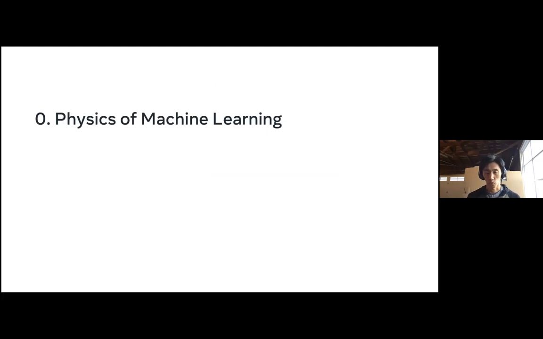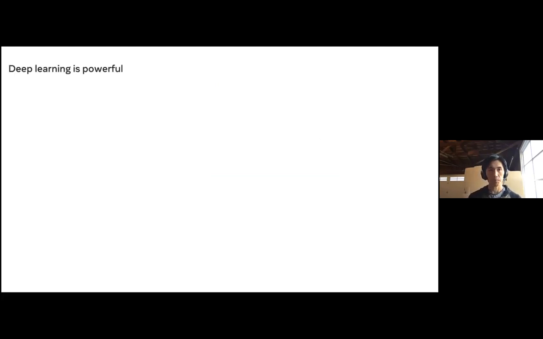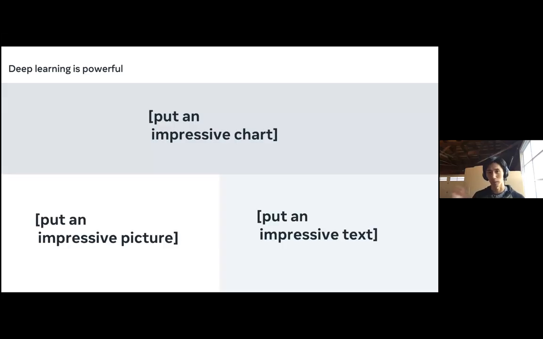Okay, so physics of machine learning. Deep learning is very powerful. And if you've been to many deep learning talks, you see some impressive charts, impressive pictures, and impressive text. I will let you fill in your mind what they are. But basically, impressive charts describe how deep learning is taking off, with accuracy going up over the past decade, starting from 2012.